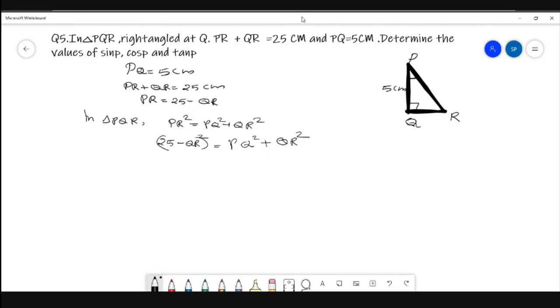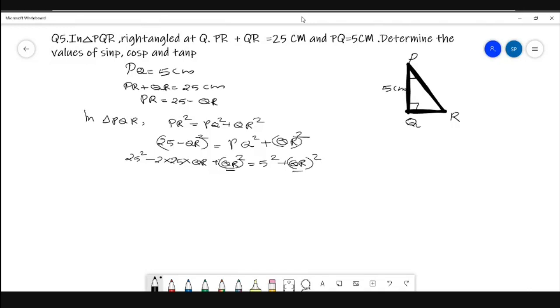Now to A minus B whole square you can apply, that is A square minus 2 into A into B plus B square, equal to PQ, it is given as 5, so 5 square plus QR whole square.